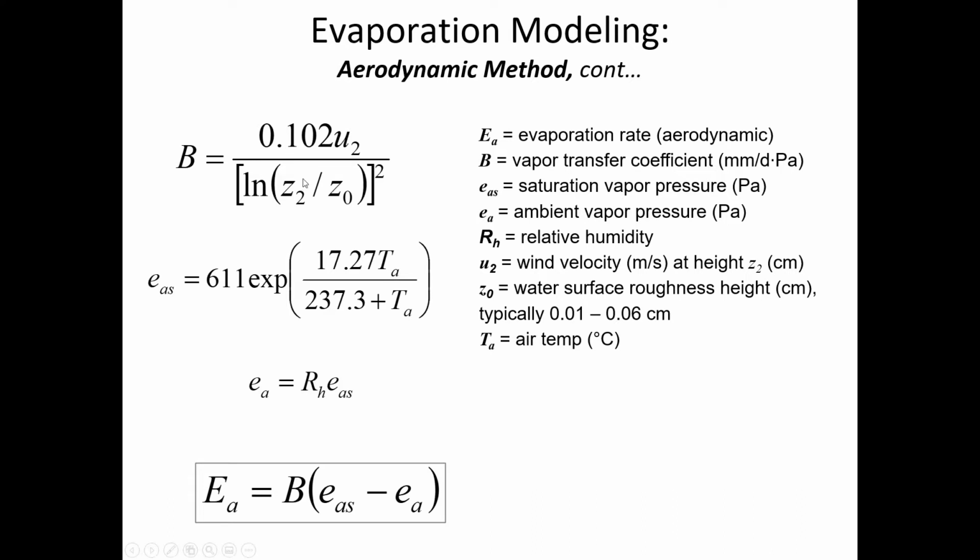So this ratio of Z2 to Z0 is just looking at a certain elevation where the wind speed is being measured, and then comparing that to the average height of the water. It's called here the water surface roughness height. And it's pretty small generally, but it can have a significant impact on the rate of evaporation.